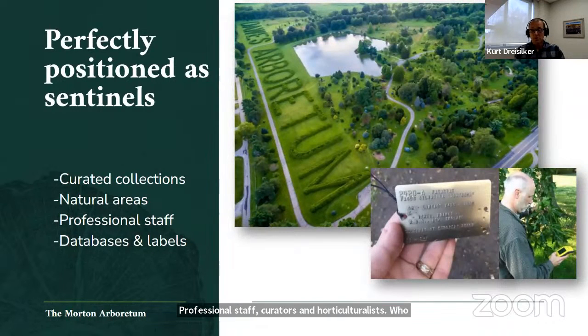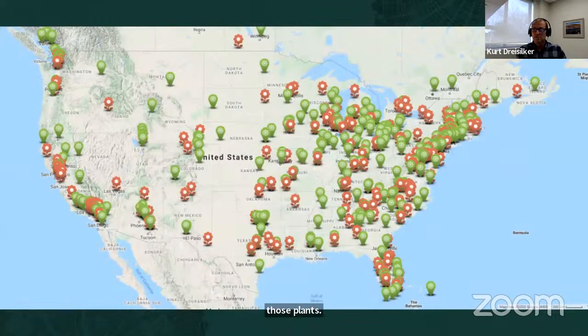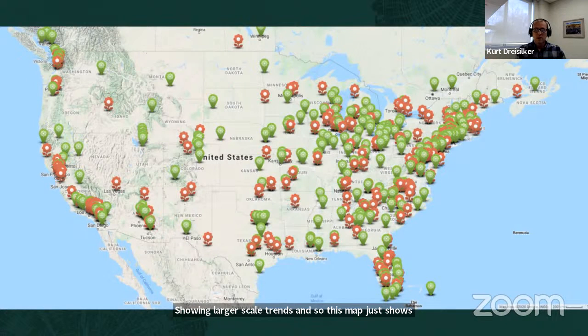And we have lots of information as well. So we have databases and labels on the trees and lots of information about those plants. So if we all pooled together and understood what was happening with these plants as they escaped from cultivation, we could have this vast network of gardens and botanic gardens and arboreta showing larger scale trends. And so this map just shows locations of many of the gardens across North America.